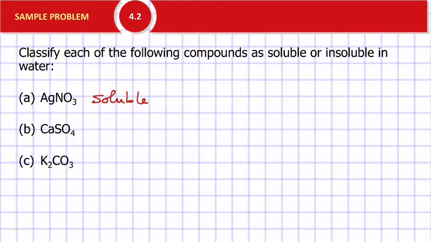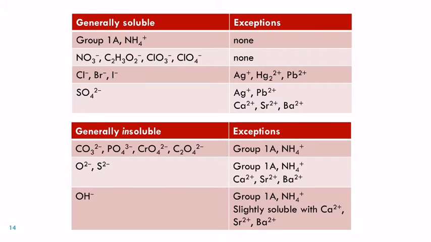Calcium sulfate. It's not group 1A or ammonium. It's not nitrate, perchlorate, chlorate, or acetate. So in that next group, sulfate. Sulfate compounds are generally soluble except, I skipped the halides, except calcium.